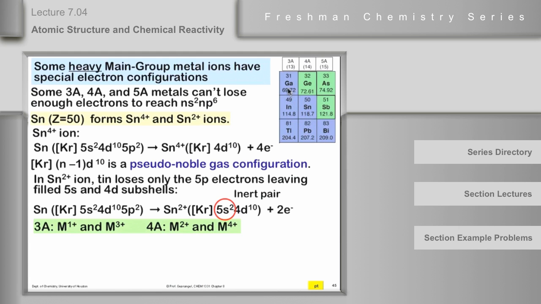If you look at the maximum number of positive charges, there'll be 3 for the group 3A ones because they will remove the p and both s's. So that'll give you 3+ here. So gallium 3+, indium 3+, thallium 3+. This is exactly analogous to tin 4+ and tin 2+.